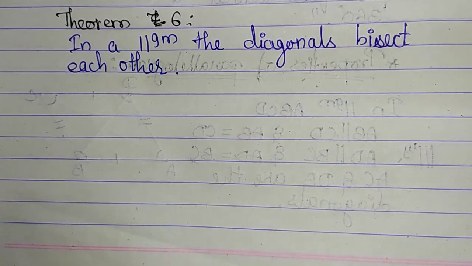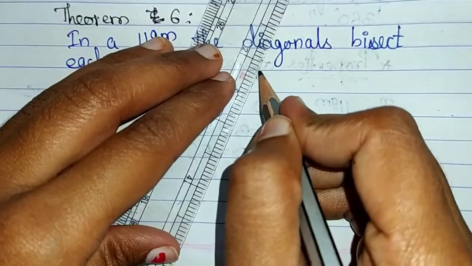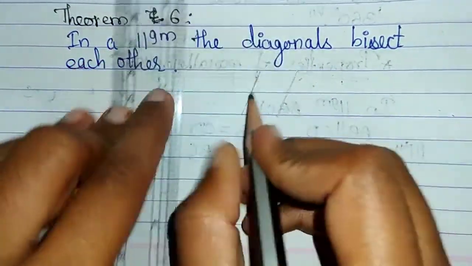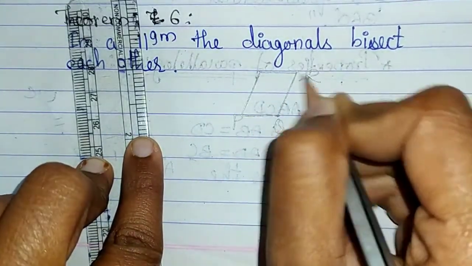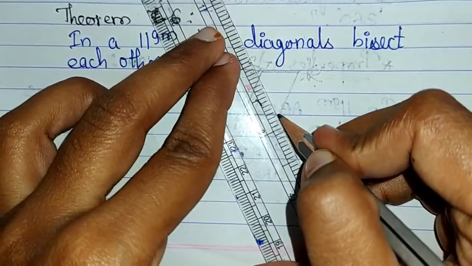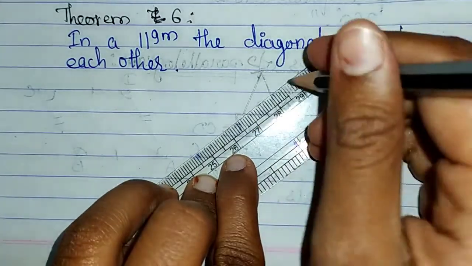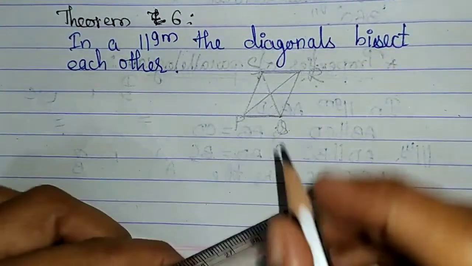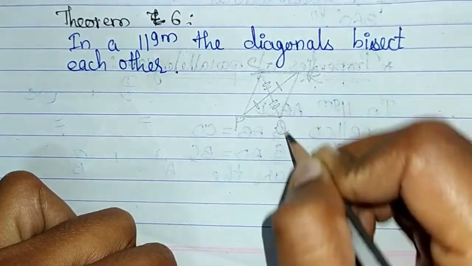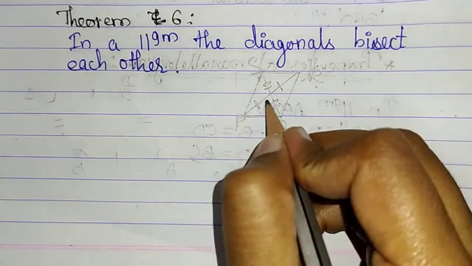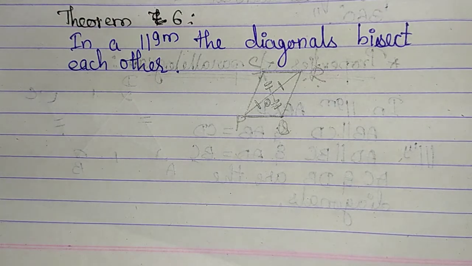It means that if we have a parallelogram, say PQRS, and its diagonals are QS and PR, then PR and QS bisect each other. That means they divide each other into two equal parts.